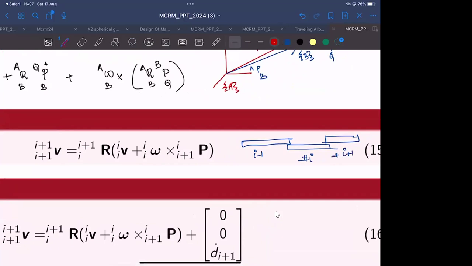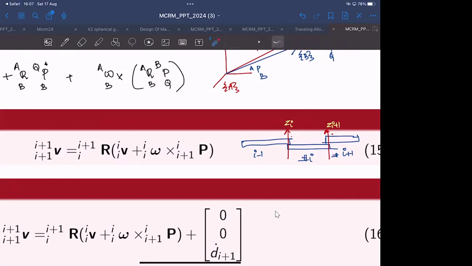And we have a frame of reference attached to link I as Zi, and another frame of reference attached to I plus 1 as Zi plus 1. I hope that is clear. This is Zi and this is Zi plus 1.